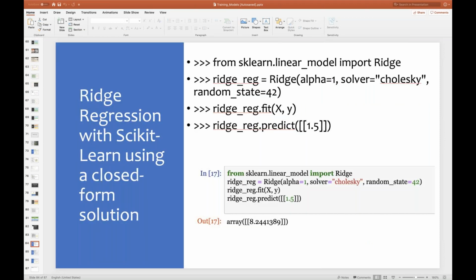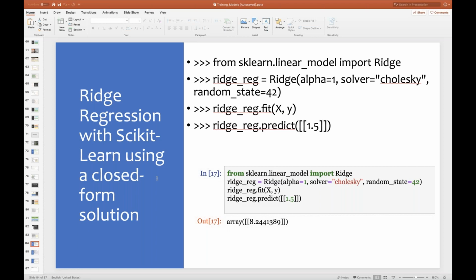Now, ridge regression with scikit-learn, a closed form solution. Very simple. Go to sklearn.linear_model. Again, as with linear regression, ridge falls under linear_model. So from sklearn.linear_model, import Ridge. Ridge regression has parameters: alpha, solver, and random_state.